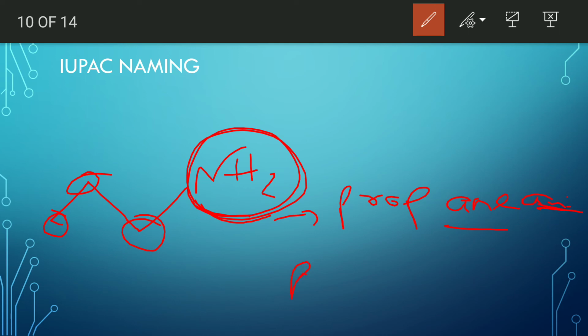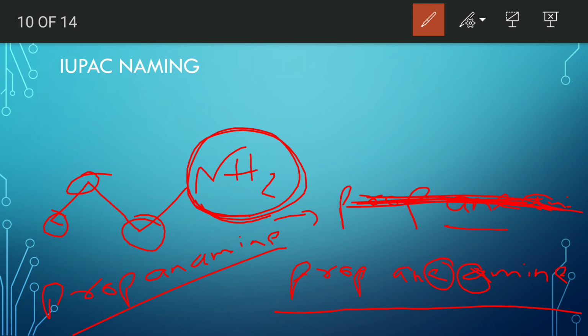So propane amine. So this is the name, and as we again have 2 vowels at a time, so then we'll write the name as propanamine. So have you understood?